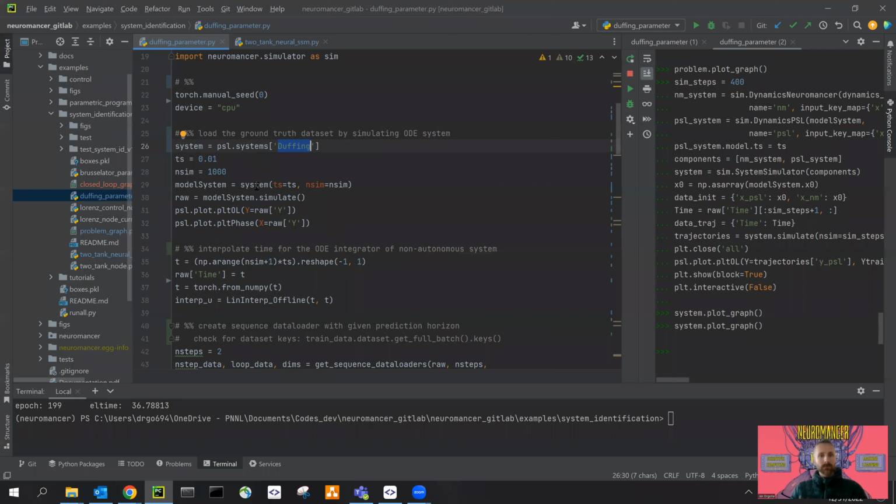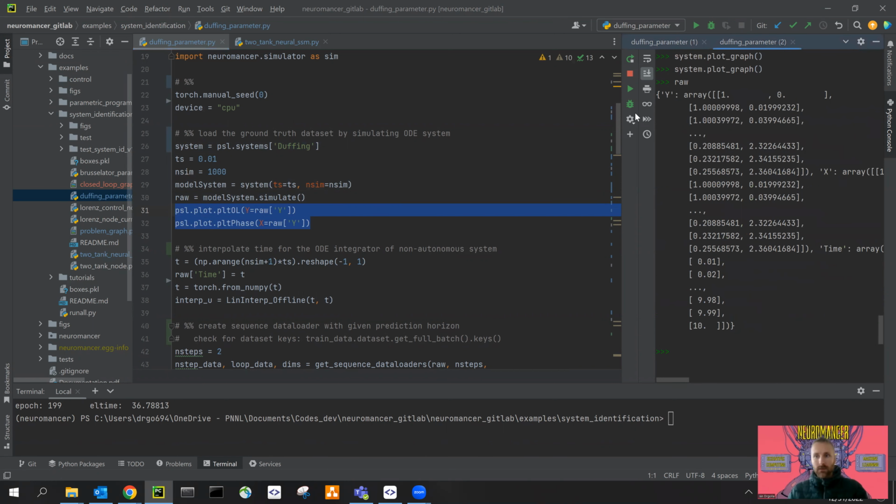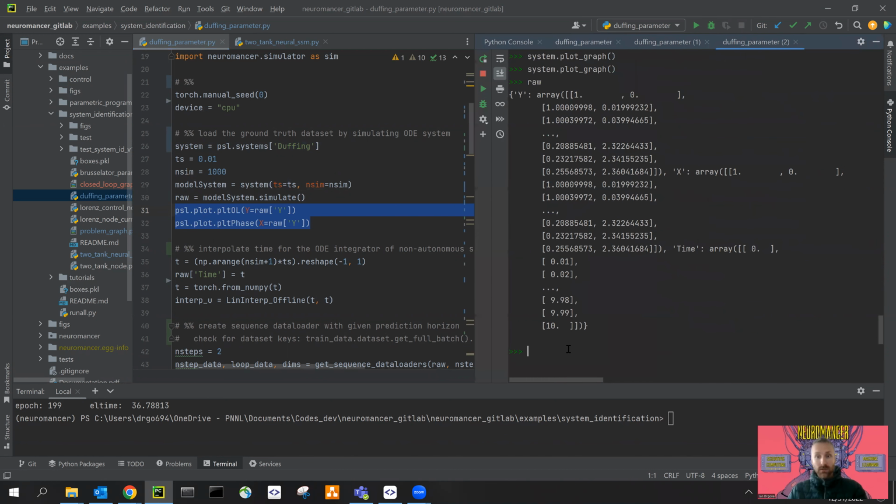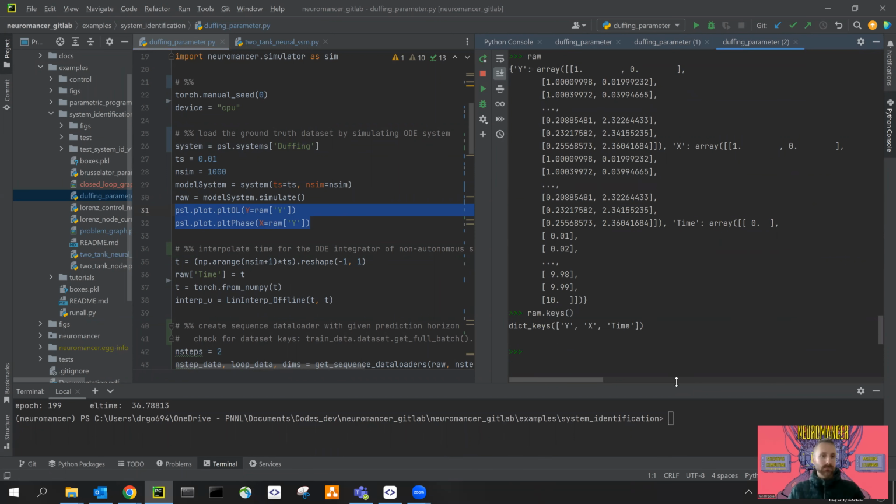We define the system, we simulate the system over a predefined number of time steps, and we obtain some raw data set that comes as a dictionary of NumPy arrays. We expect different types of keys: capital Y, which stands for the observable space of outputs, and capital X, which stands for the latent space.